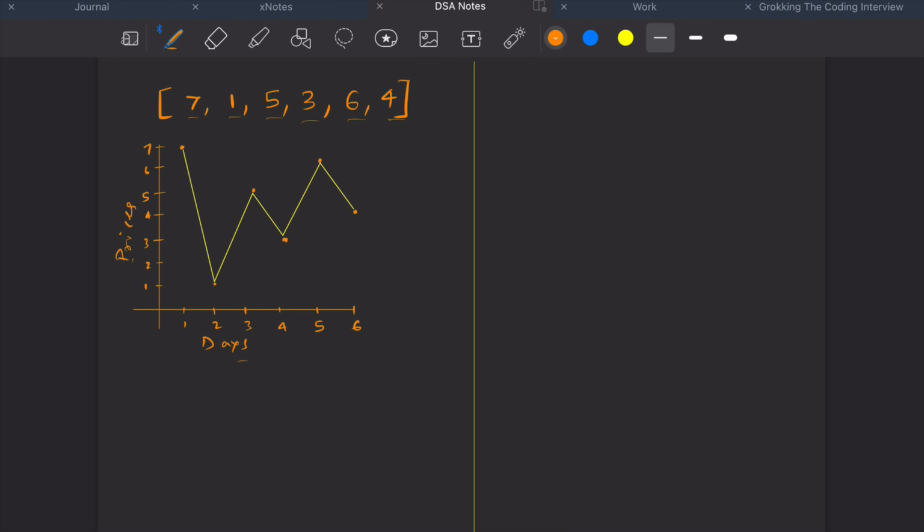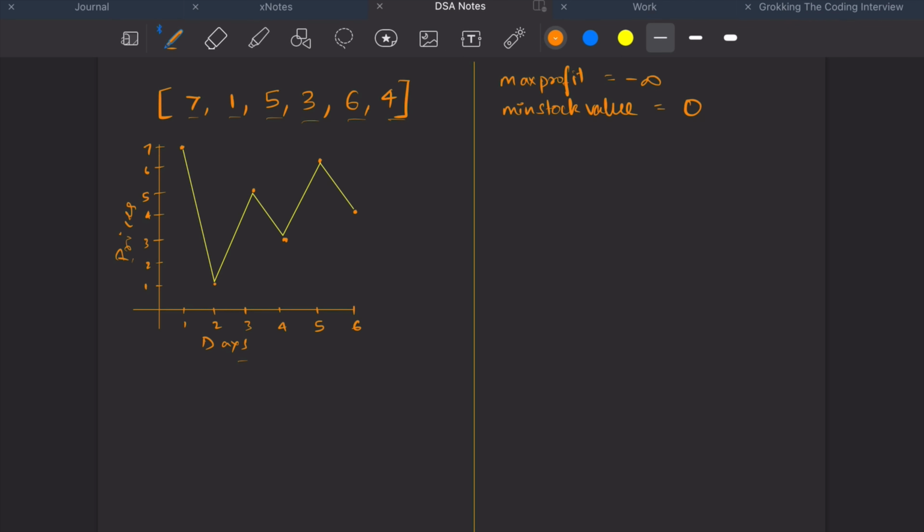So initially we'd have max profit as negative, no, positive, that'll be negative infinity, and minimum stock value as 0.